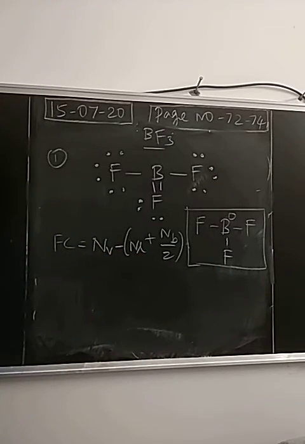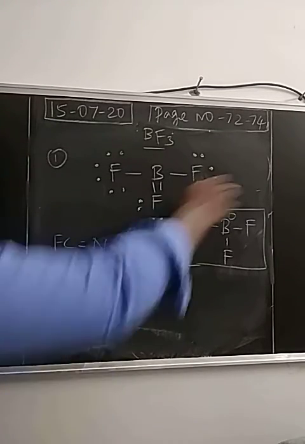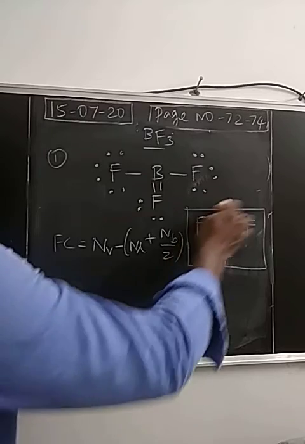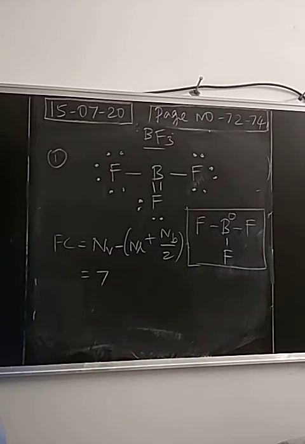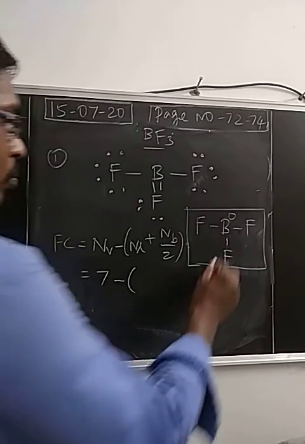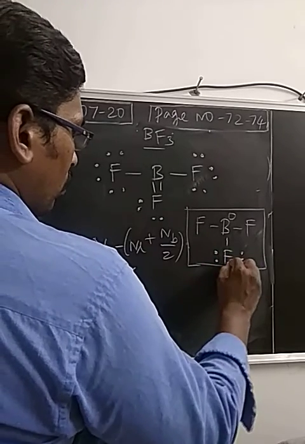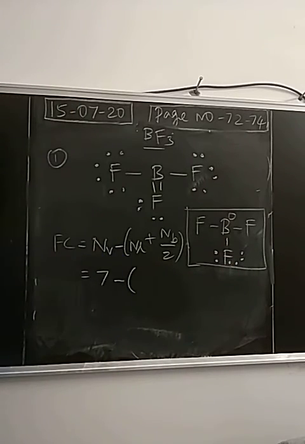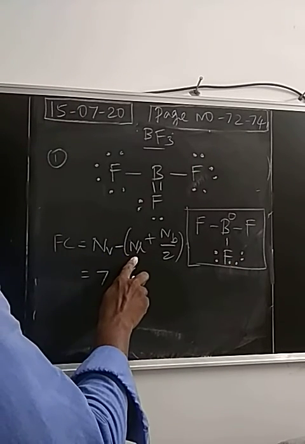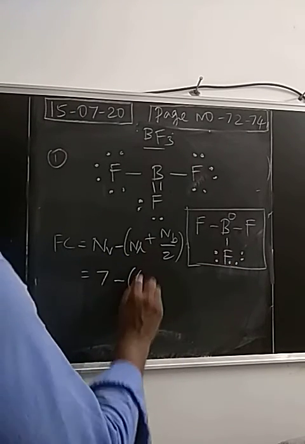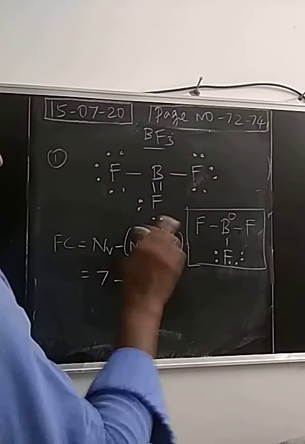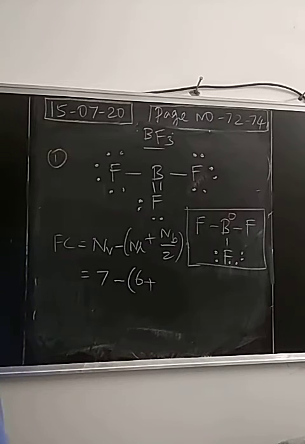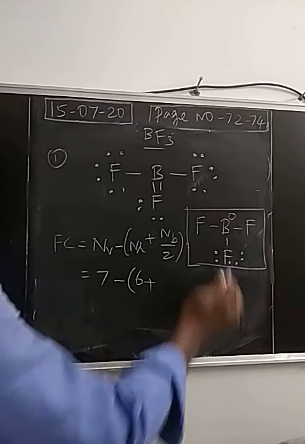Next, calculate the formal charge on fluorine. All the 3 fluorine atoms are similar. Formal charge on fluorine is what? For fluorine, valence electrons 7. Number of electrons present as lone pair, how much? For each fluorine, 6. Right? So 6 electrons are present in the form of 3 lone pairs on each fluorine, plus the number of electrons present as bonded pair.